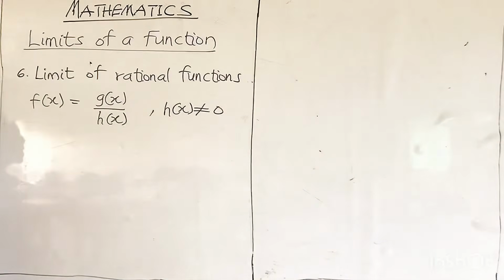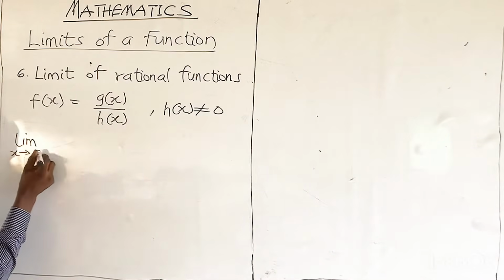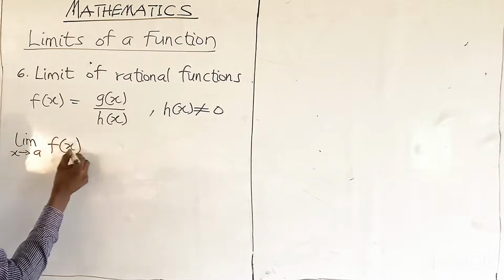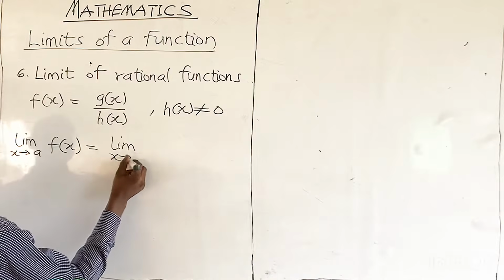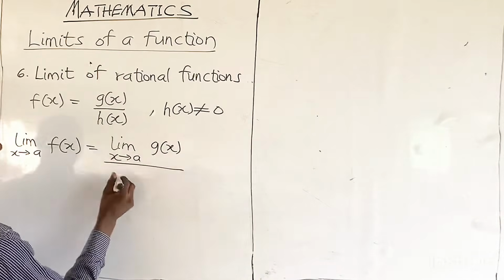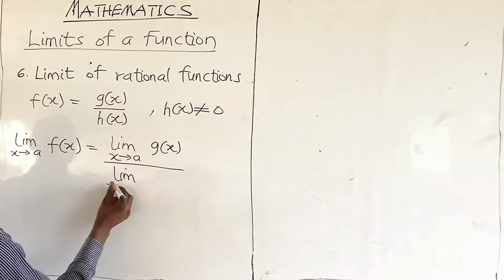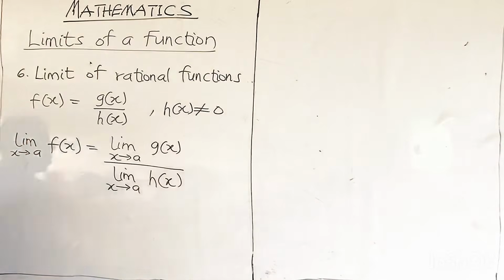So in this case, if you have limit as x approaches a of f of x, then we are going to have limit as x approaches a of g of x all over limit as x approaches a of h of x. So here the limit is going to be applied to each function.